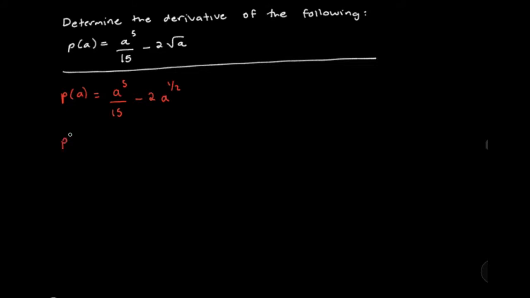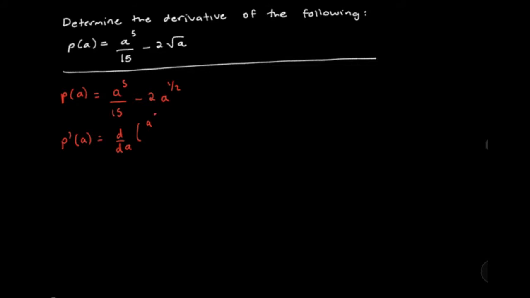And then if I want to find the derivative, you can notice here that we're using the difference rule, right? P prime of a is the derivative of, right? So don't memorize the notation, because the notation here is the derivative of y with respect to a, right?